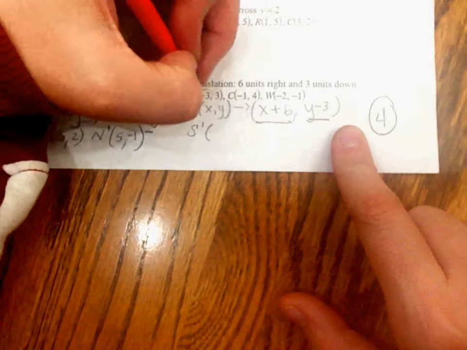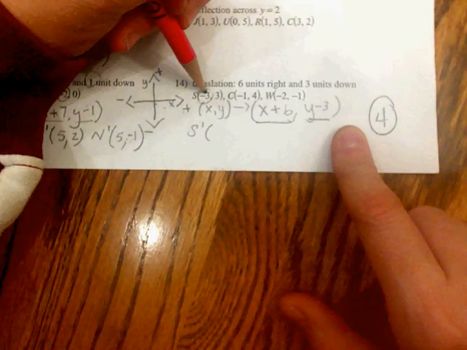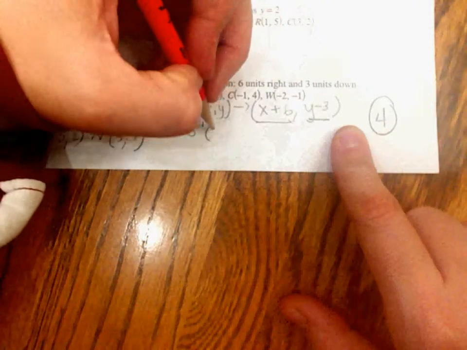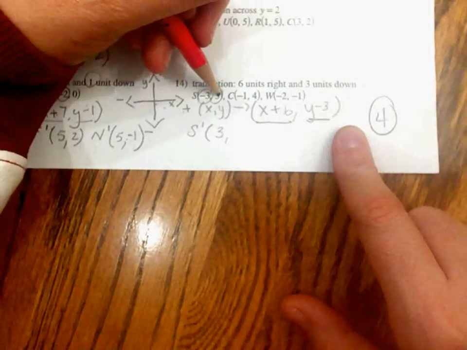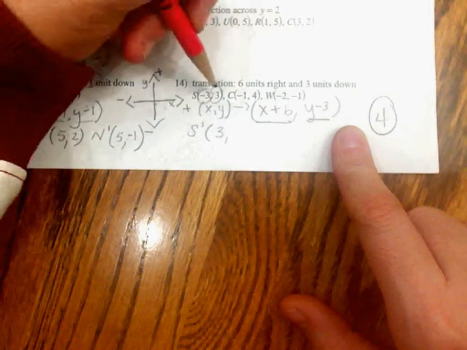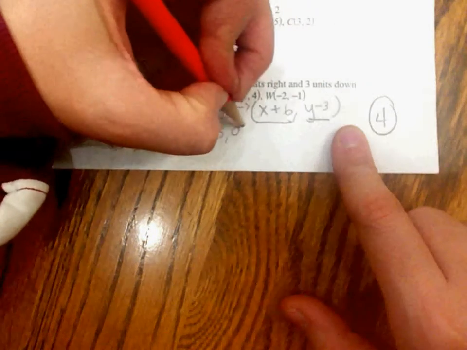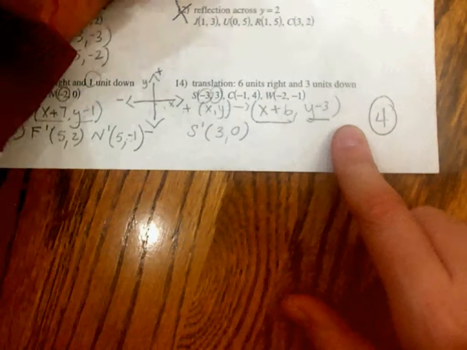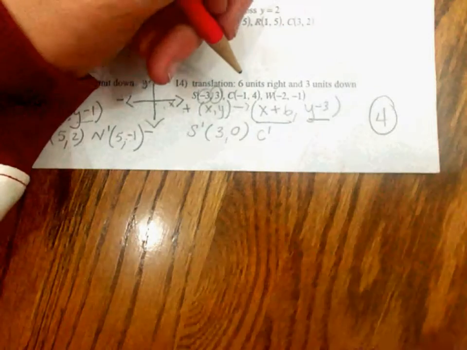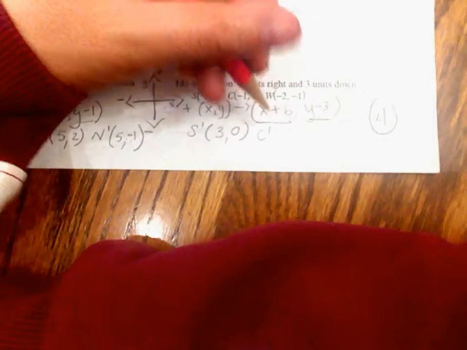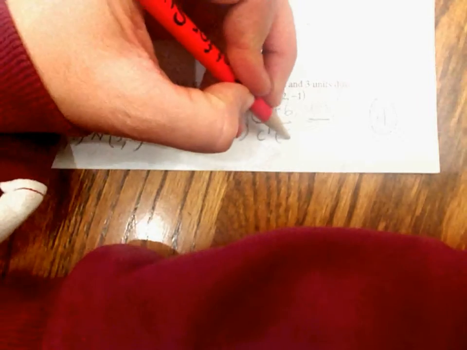So our first x value is negative 3. Negative 3 plus 6 is 3. And our y value is 3. So 3 minus 3 is 0. Let's do C. My x value for C is -1. So I'm going to do -1 plus 6, and that is 5.